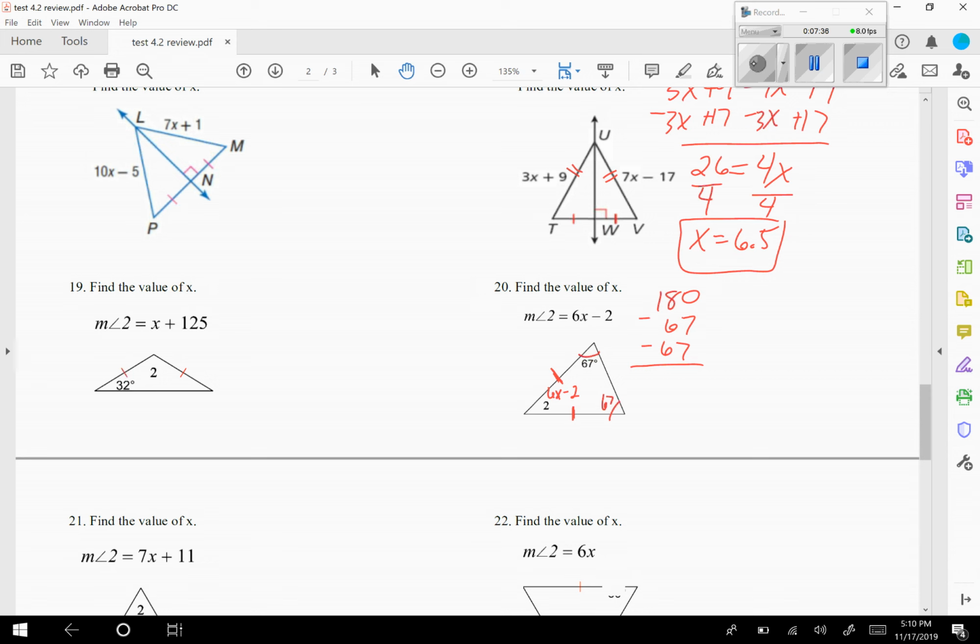And then take away 14, it's going to be 46. Okay, so now I know this angle up here is 46. So I know 6x minus 2 is equal to 46. Add 2. So I get 6x is 48 and divide by 6 to get x is 8.